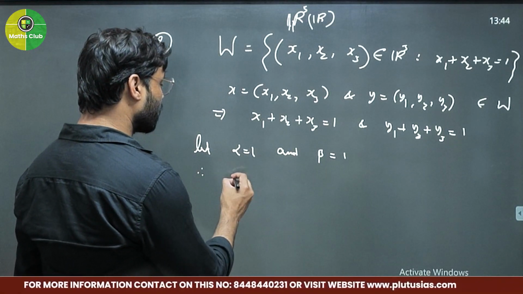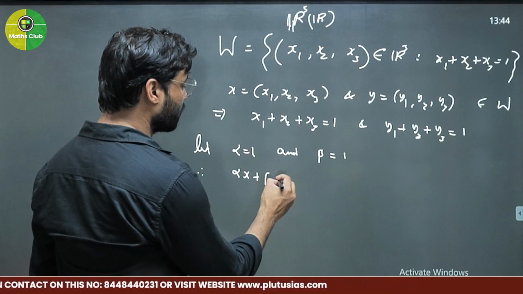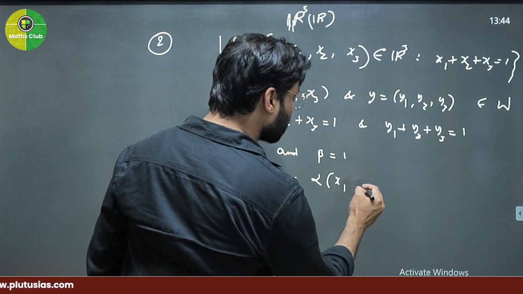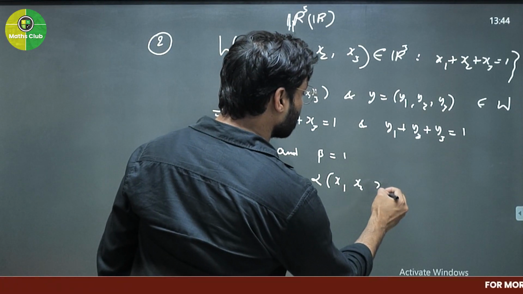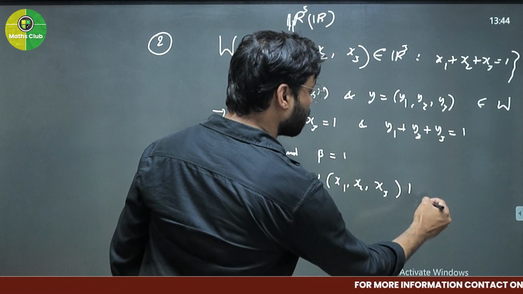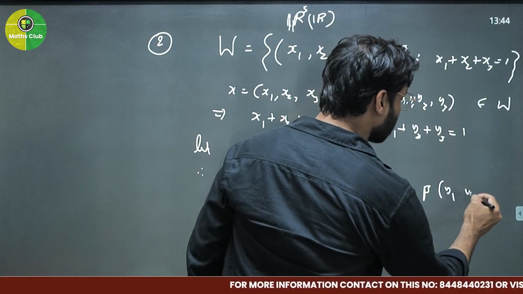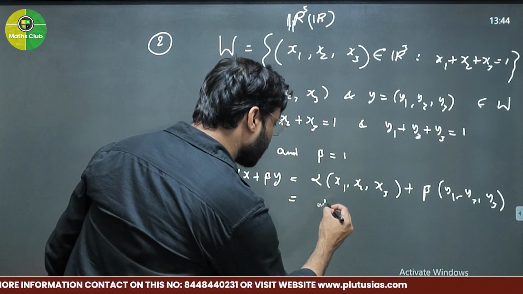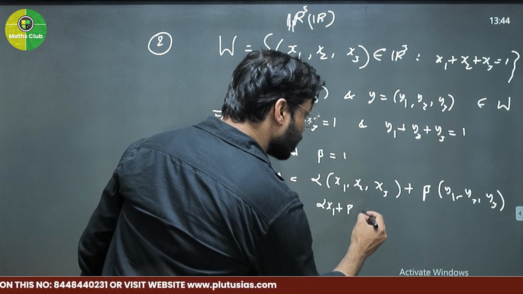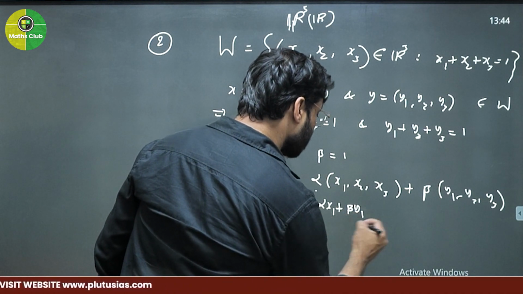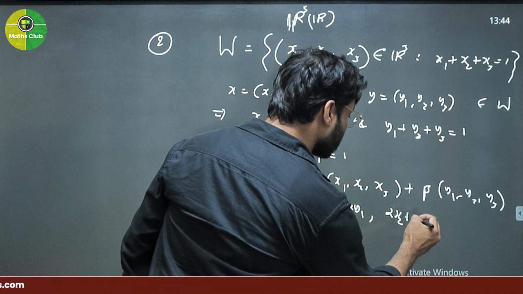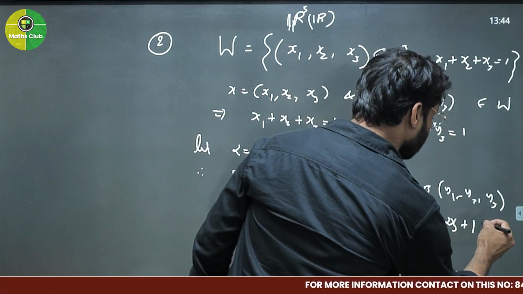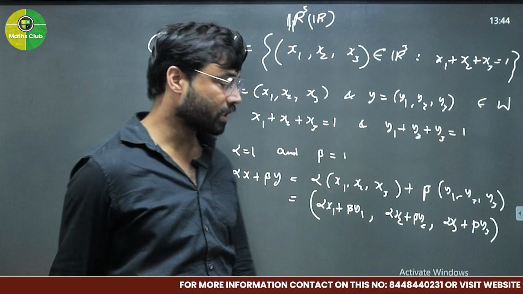Therefore calculate alpha x plus beta y. As usual, we will get alpha times (x1, x2, x3) plus beta times (y1, y2, y3), that is, (alpha x1 plus beta y1, alpha x2 plus beta y2, alpha x3 plus beta y3).